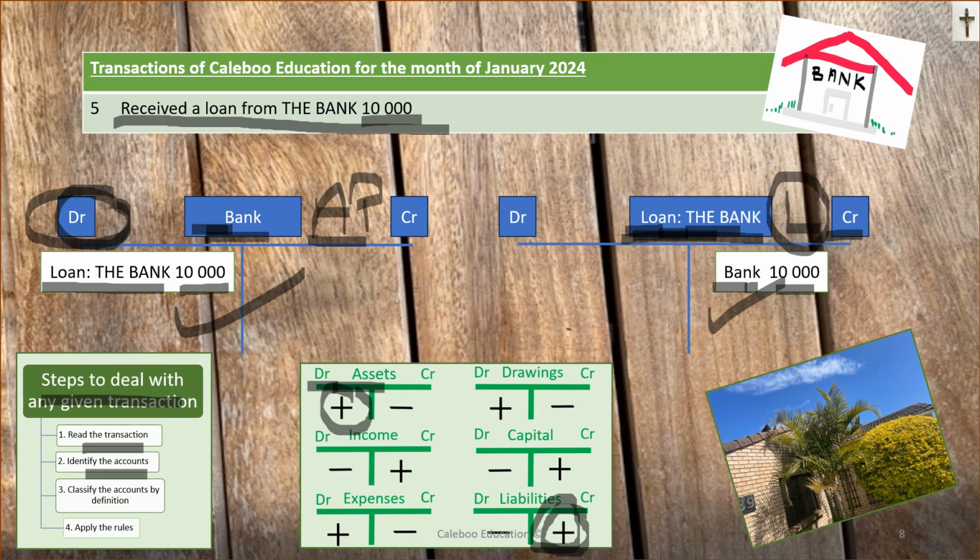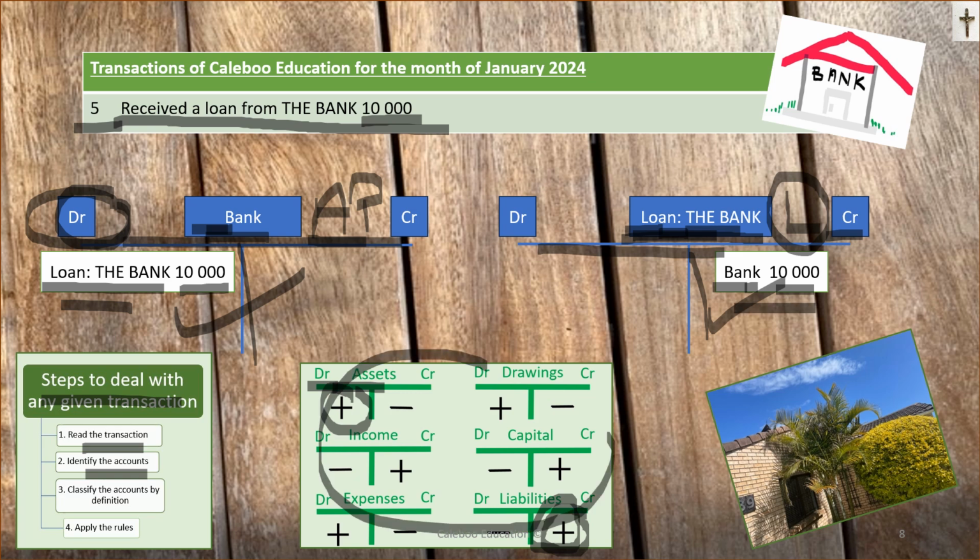By now, on the 5th transaction, you should be getting the hang of recording transactions in T accounts. Remember, this is not a formal way of recording transactions, but it can be an exam type question, a test type question, because the examiner might want to just check 10 transactions. Can you debit and credit accounts? Can you apply the rules?